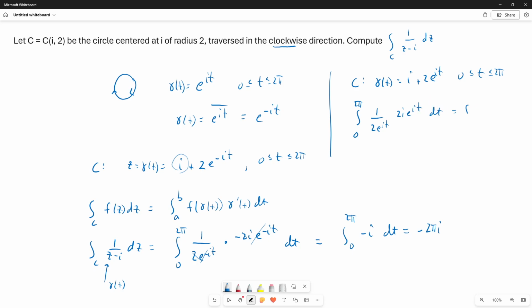Then this is the integral from 0 to 2 pi of just i, and that's 2 pi i. And since we went the wrong way in this second method, we would have to multiply the answer by minus 1, and that gives us the minus 2 pi i.